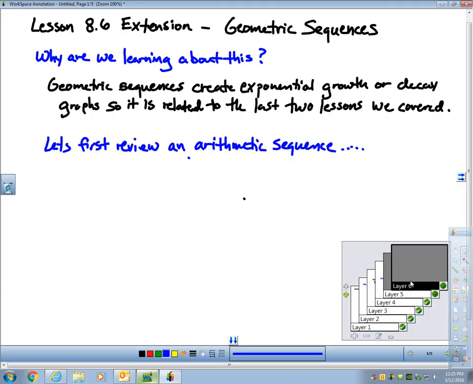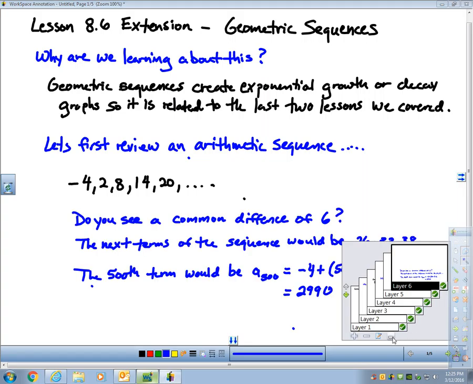Before we get into a geometric sequence, let's talk about something that we learned earlier in the year. We did an extension on arithmetic sequences. Here is an example of an arithmetic sequence, and let's review how we figured out it was an arithmetic sequence.